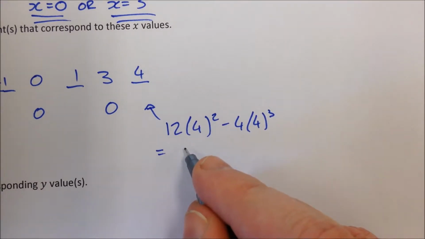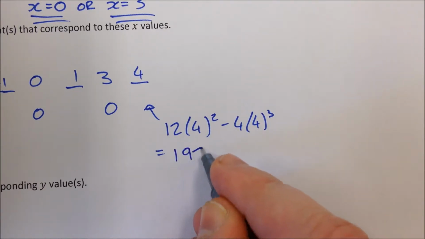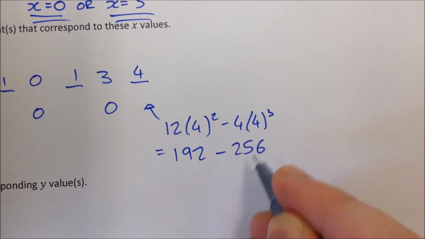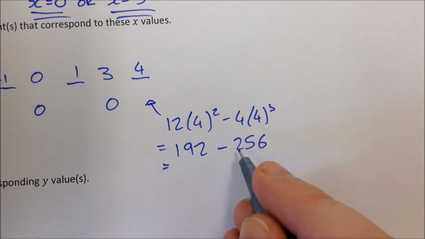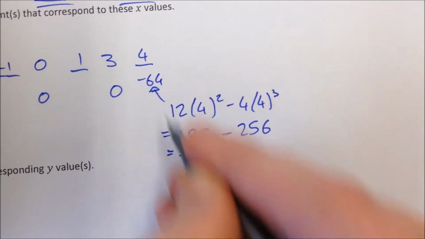So 12 lots of 16 is 192, and this is 64 times 4, it's 256. It doesn't really matter what this value is, but that it is negative is important.